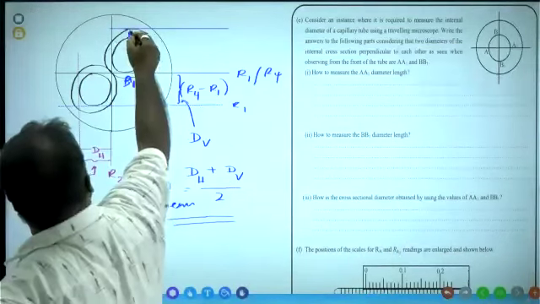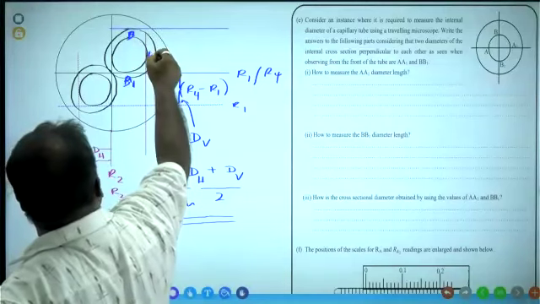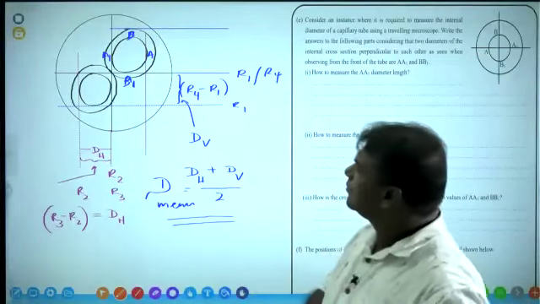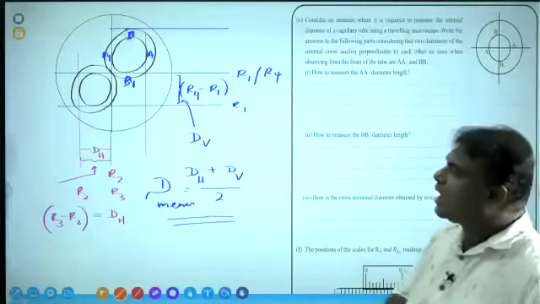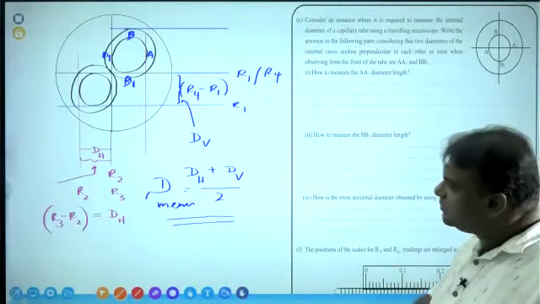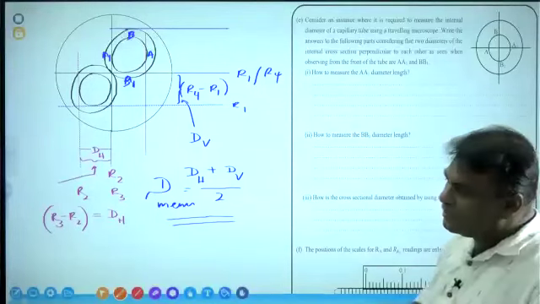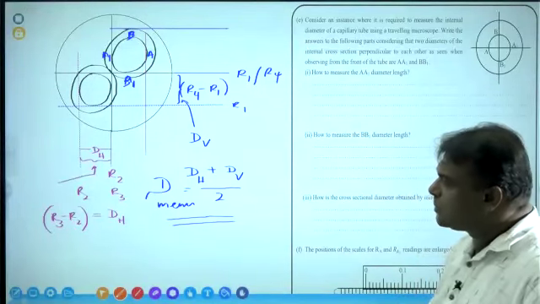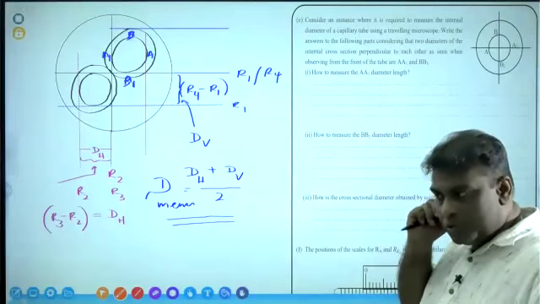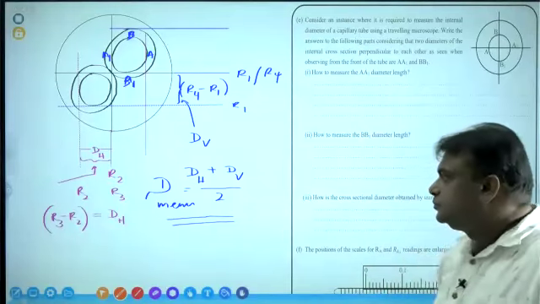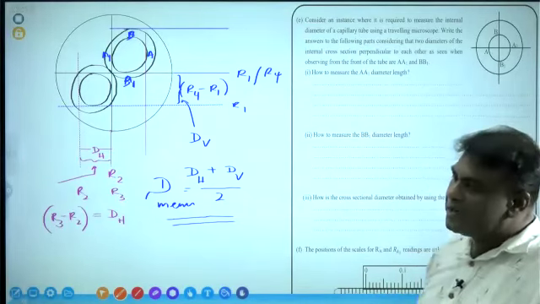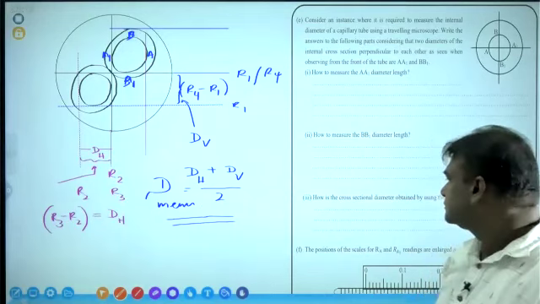Here B1, this is B, and A1. The difference of the readings R3 and R2 shows the diameter AA1.